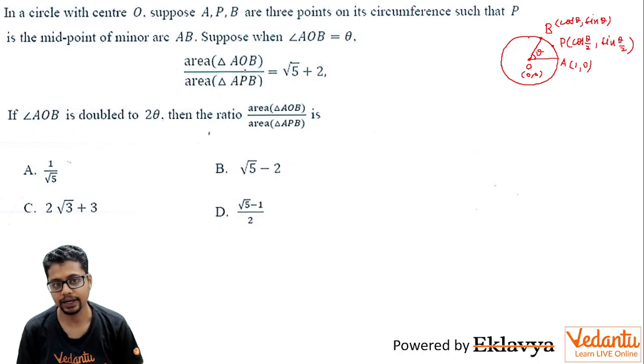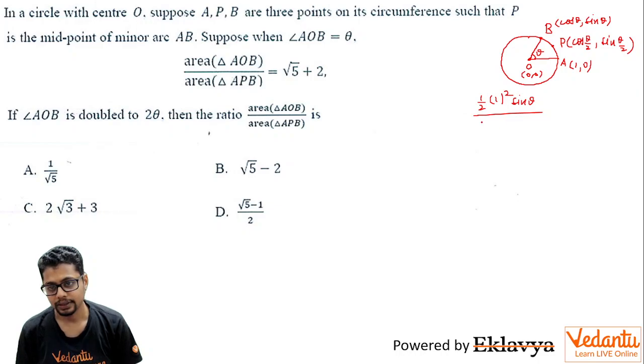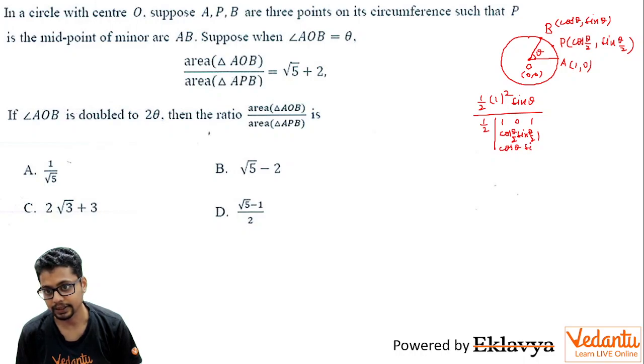So what about the area of triangle AOB? It is half into OA into OB, both being radius, so radius squared, times sin theta. Divided by the area of triangle APB, which is essentially half times this determinant: 1, 0, 1; cos theta by 2, sin theta by 2, 1; and cos theta, sin theta, 1, and mod of it.